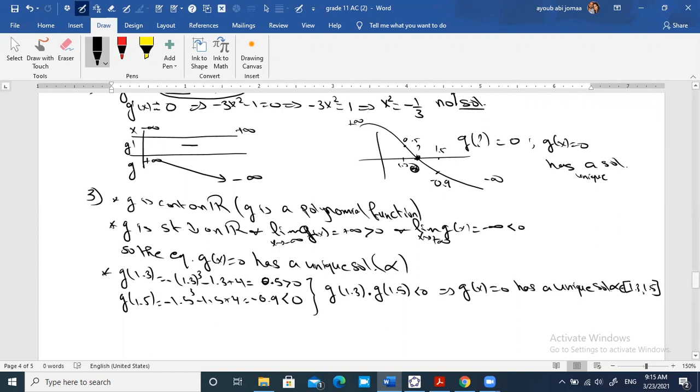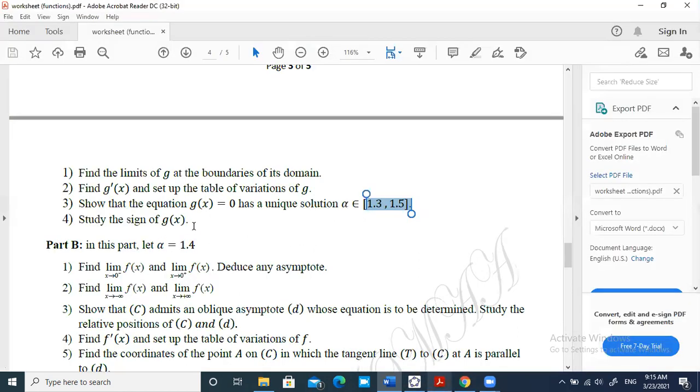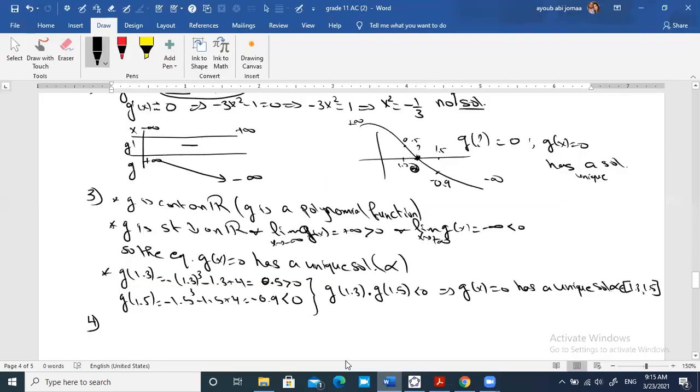And part 4, deduce the sign of g of x. Study the sign of g of x. In order to study the sign of g of x, here we have the value alpha, which is between 1.3 and 1.5. Here the function is 0.